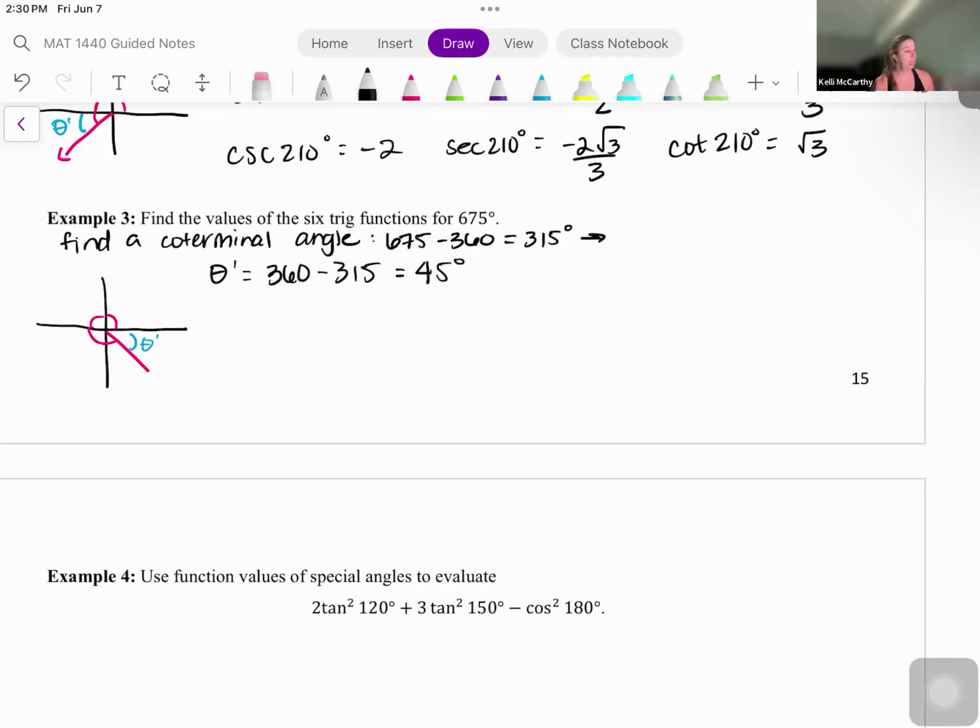So now if you're looking at that other table, we're looking at that 45-degree row for the trig functions for that special angle. Now, because we're in quadrant 4, that means only cosine is positive. Or secant.